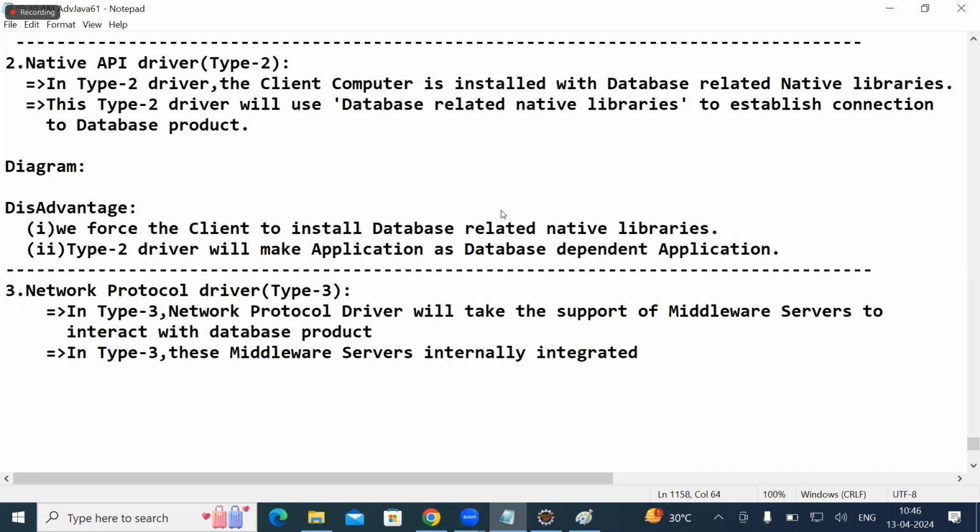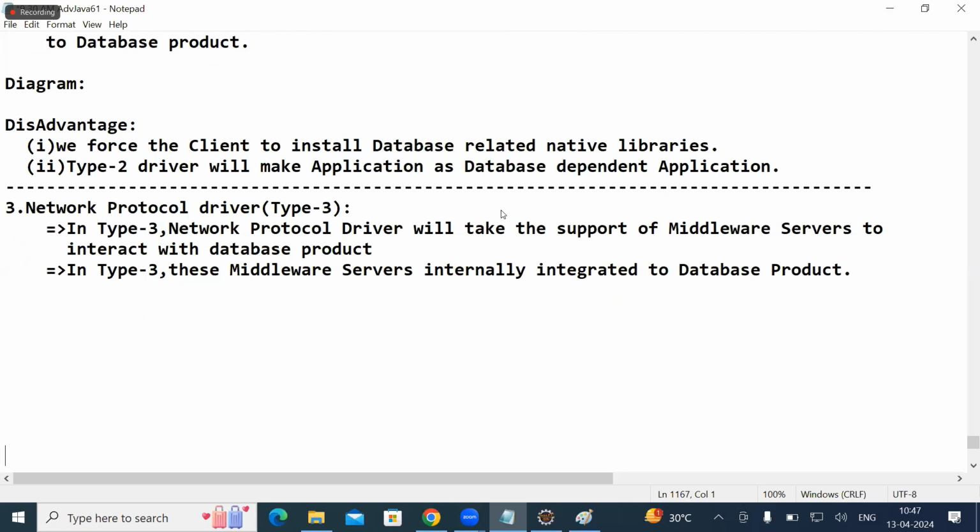Integrated means connected. No involvement of ODBC, no involvement of native libraries.